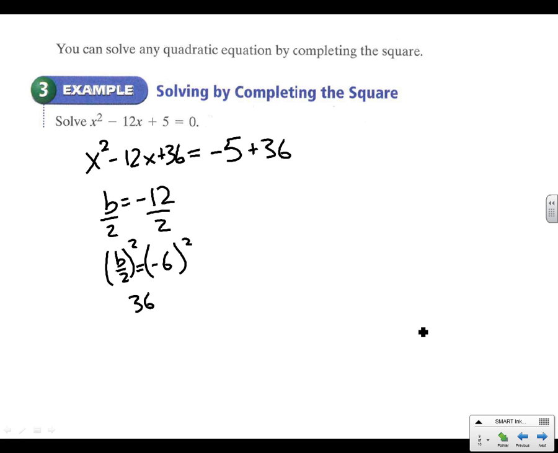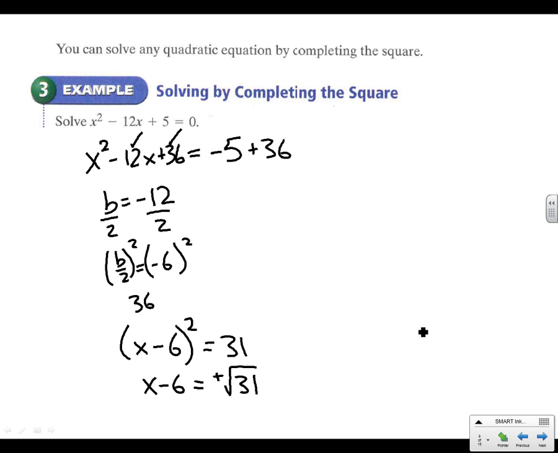Can't just add numbers to one side without doing it to the other side. And so now, x minus 6 squared is the perfect square, because negative 6 plus negative 6 gets us to negative 12, and 6 times 6 is 36. That equals, what's negative 5 plus 36? That's 31. We're going to square root both sides, so x minus 6 equals the square root of 31.